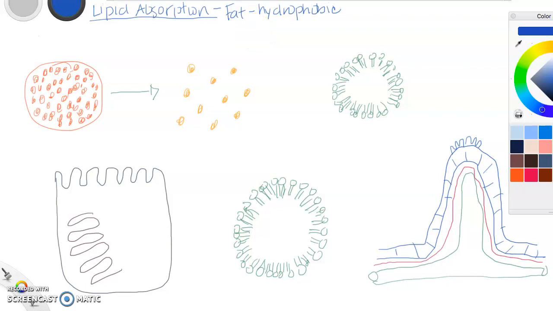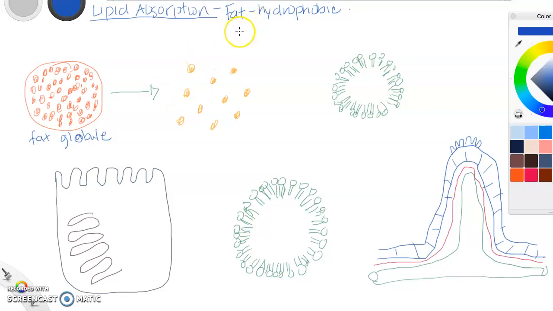That's oil and vinegar. So it will separate out and form these big old fat globules. So this over here is a fat globule. All the fat just accumulates together and forms these big globules.